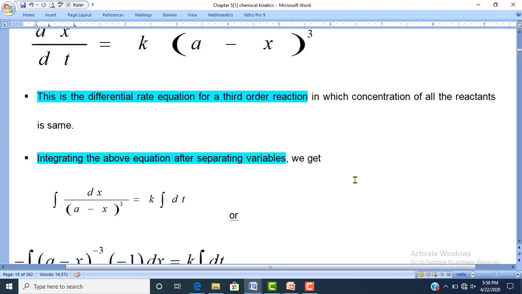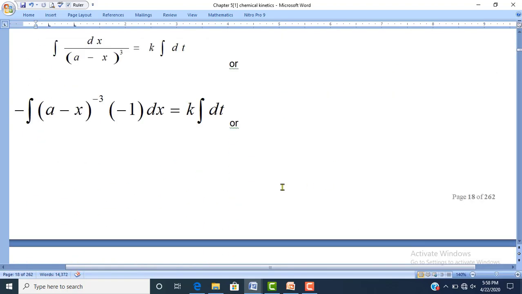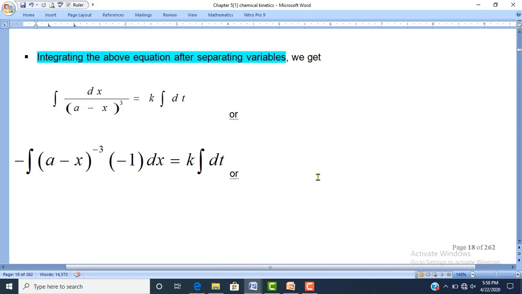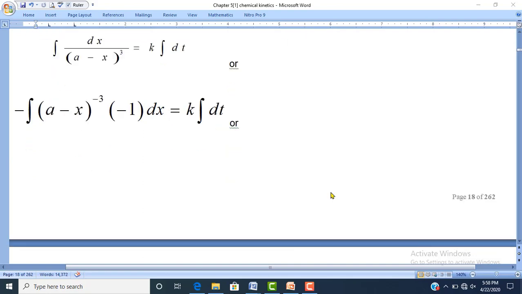Dear students, the remaining procedure is the same as you studied in the second order reaction when the initial concentrations of A and B were the same. If you apply the same mathematical procedure here, the difference is that in the second order reaction there were only two reactants A and B, while in this reaction the reactants are A, B and C.